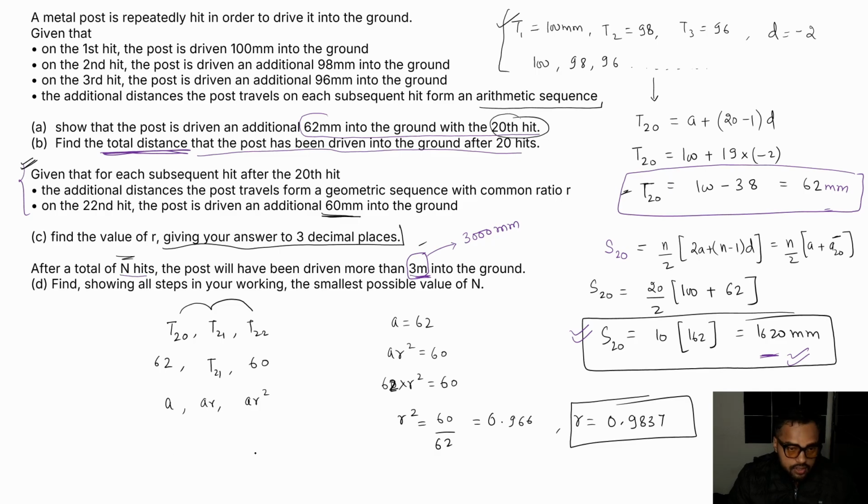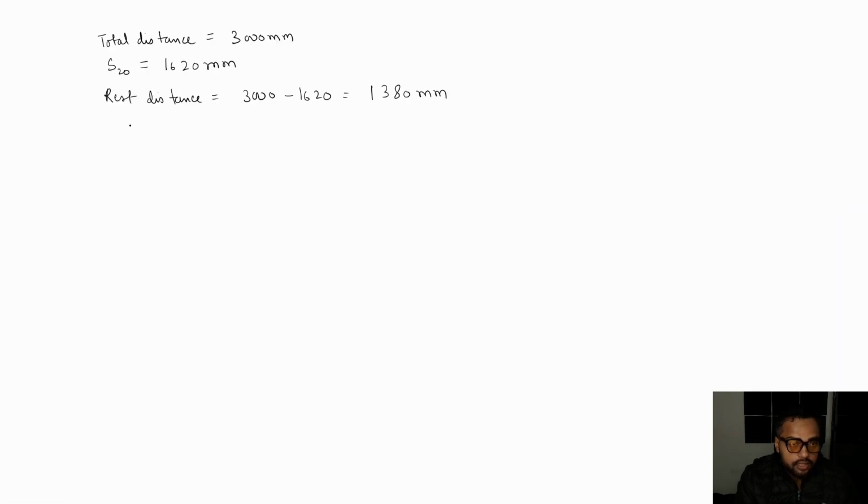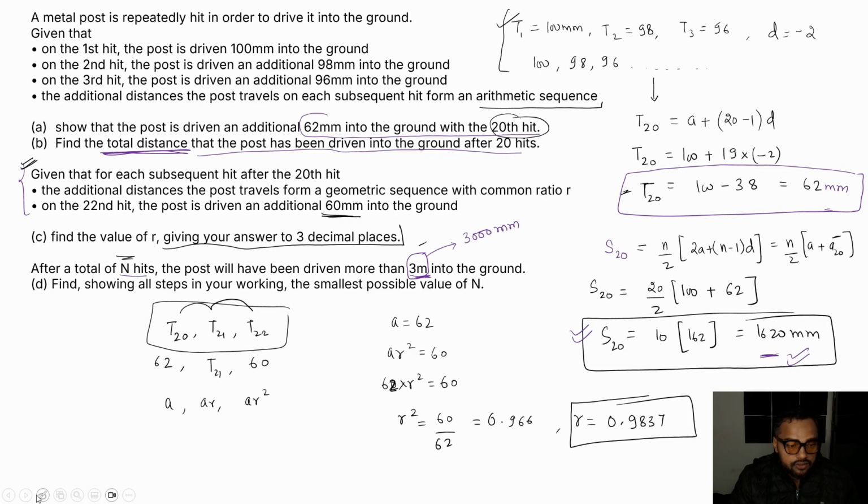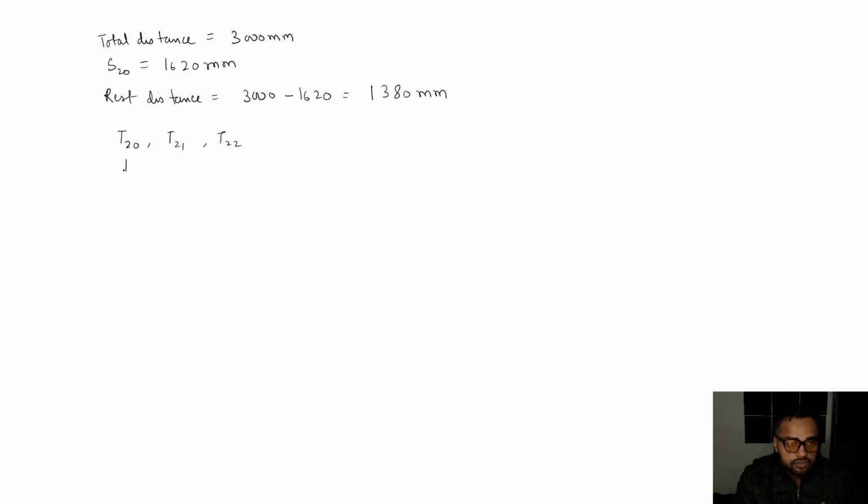We have mentioned the 20th, 21st, 22nd distance here: the 20th distance we have got is 62, and the 22nd is 60. However, this 60 is not required. What I wanted to convey here is that after the 20th it is forming a geometric sequence, so this will be considered a geometric sequence according to the question.